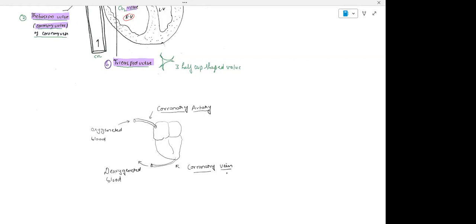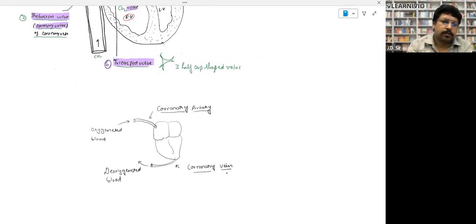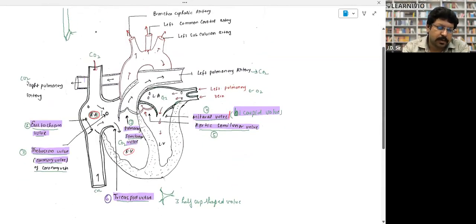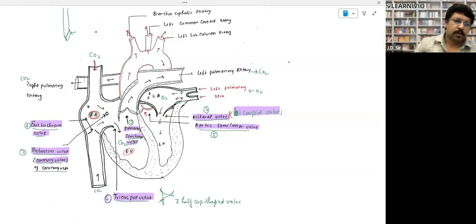Done, sir. Done? Okay. So finally, now come to the main point. Remember this, right? Look. Now, try to understand first the structure, then the wall. This is the right atrium. This is the right ventricle. This is the left atrium. This is the left ventricle.